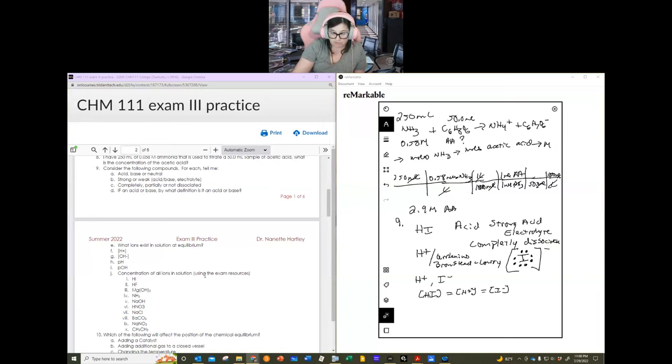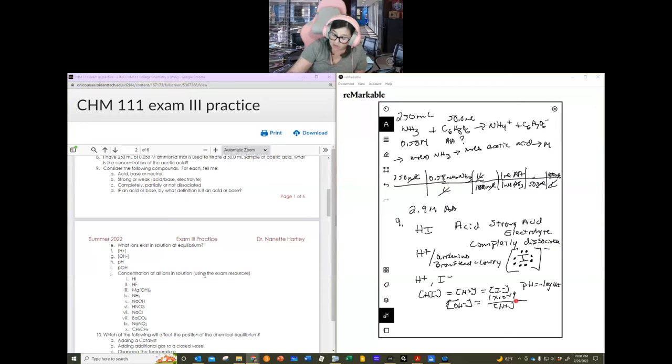By that same idea, if I wanted to look at what's the OH- concentration, that's equal to 1 times 10 to the minus 14th divided by the H+. My pH equals the negative log of whatever my HI concentration was.